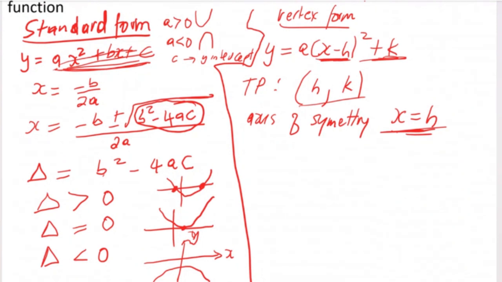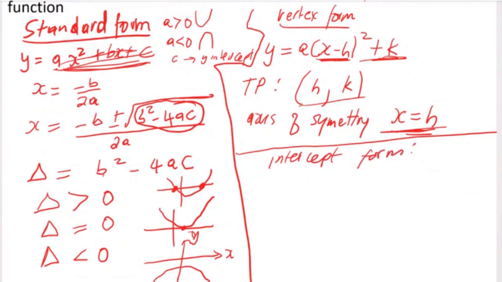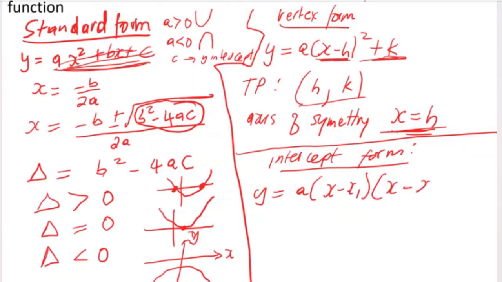Okay, what is another form? You've got another form which we call an intercept form. An intercept form is in the form y is equal to a into (x minus x1) into (x minus x2). Okay, so this is an intercept form.